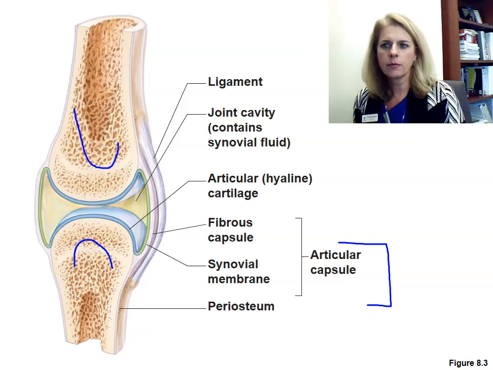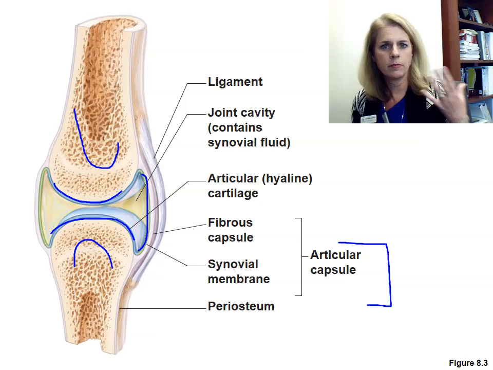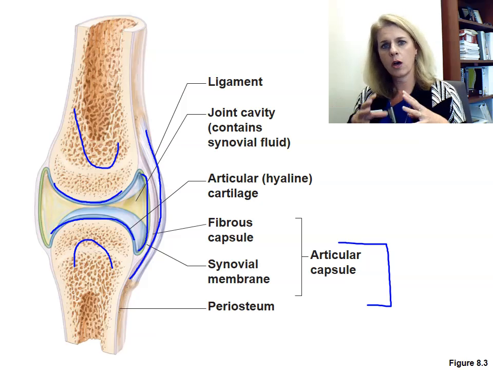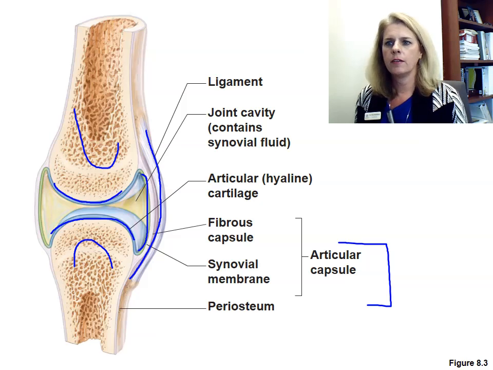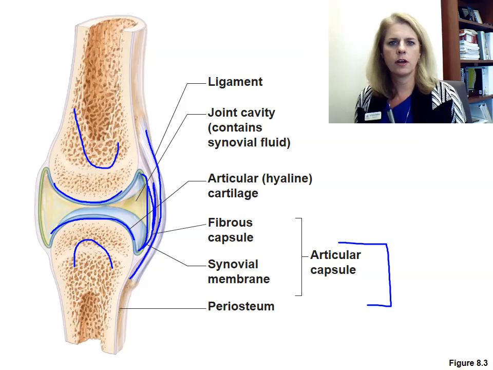The capsule is made from the articular cartilage of this bone, the articular cartilage of that bone, and then a synovial membrane. Then you take a ligament, remember ligaments connect bone to bone, and you're going to connect this bone to this bone and surround that synovial joint and hold it in place. They'll also have a fibrous capsule to give strength to the whole joint.